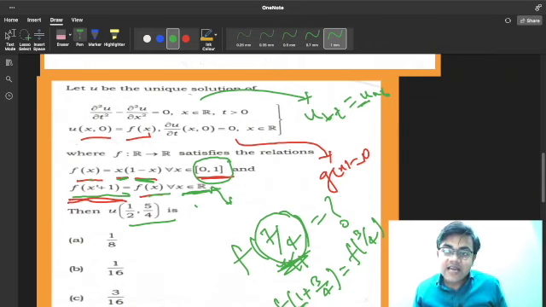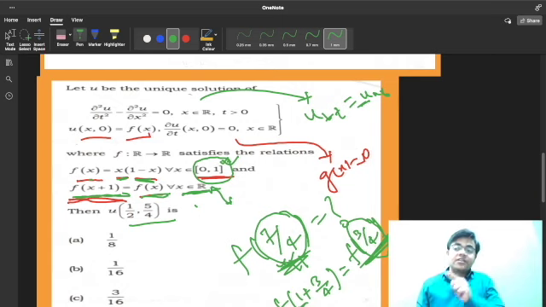From f of x plus 1 equals f of x, we can write this as f of 3 by 4. And now this 3 by 4 has come in this interval. So you can easily get f of 3 by 4 as 3 by 4 into 1 minus 3 by 4. You cannot directly give the value of f at 7 by 4 because 7 by 4 is out of this domain.